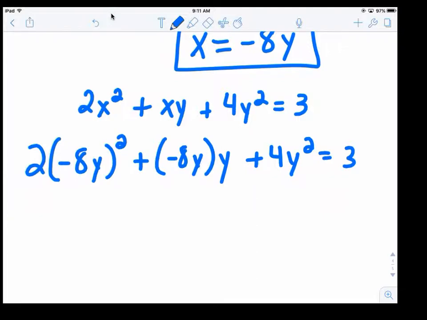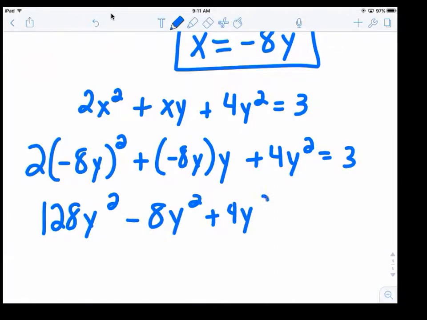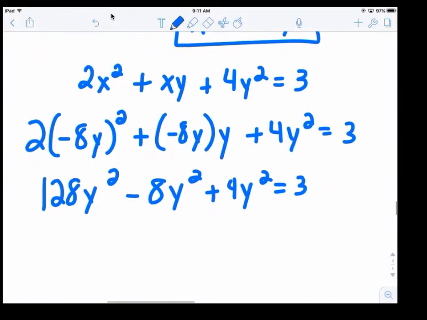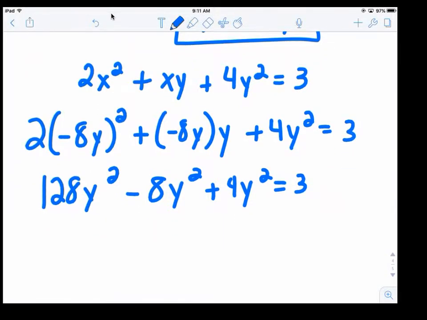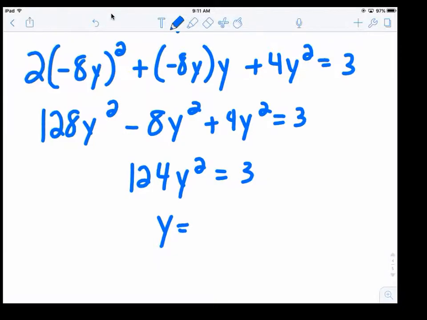All right, so 2 times negative 8y squared is going to be what? 128y squared minus 8y squared plus 4y squared. So that's going to give me what? 124y squared equals 3. So y is equal to plus or minus radical 3 over 124.